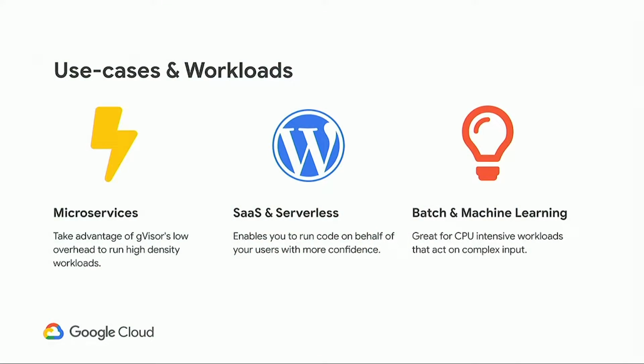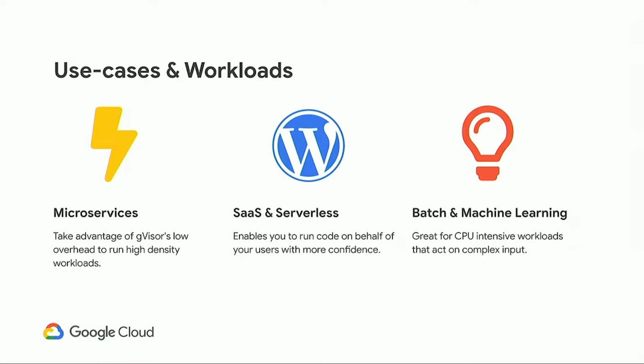So what kind of workloads are good for gVisor from a technical perspective? gVisor works really well for things like microservices, so things that are very small and quick and need to come up and down and are highly scalable as well as dense. Things that can take advantage of the low overhead that gVisor provides work really well.